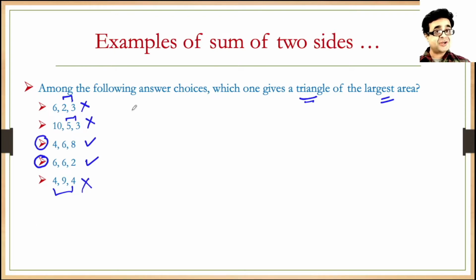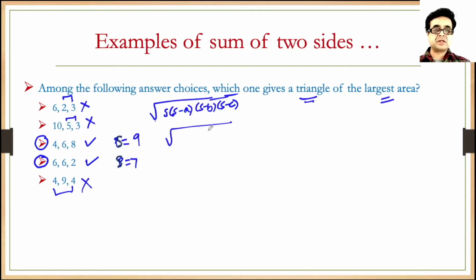Now, remember Heron's formula? You can revert back and actually go and check it. Heron's formula says that my area is equal to the root of, it's a long formula, but we can apply it very, very quickly. S is half of the perimeter. For 4, 6, 8, the perimeter is 18, so S is 9, and Heron's formula looks like 9 multiplied by 9 minus 4, which is 5, multiplied by 9 minus 6, which is 3, multiplied by 9 minus 8, which is 1.